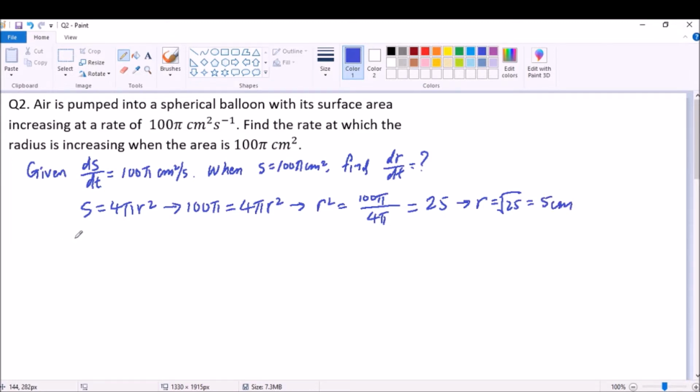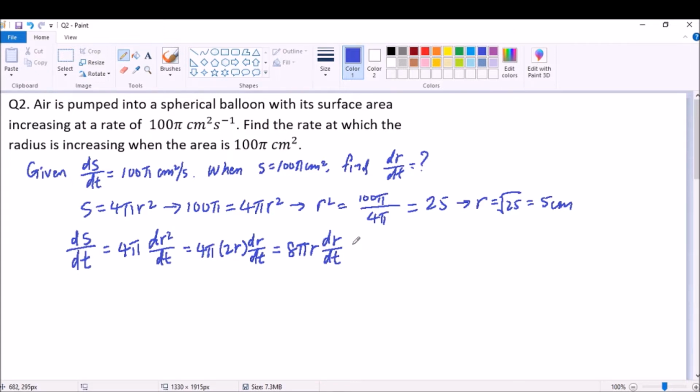Now we take the derivative of surface area, dS with respect to time, equal to 4 pi d r squared over dt, which is 4 pi, and the derivative of r squared is 2r dr over dt, equal to 8 pi r dr over dt.